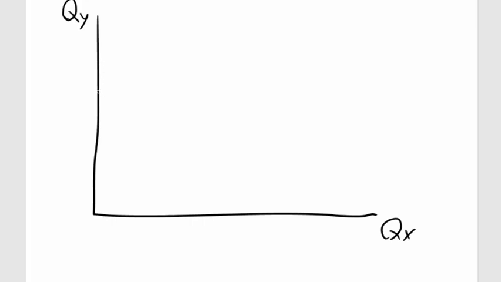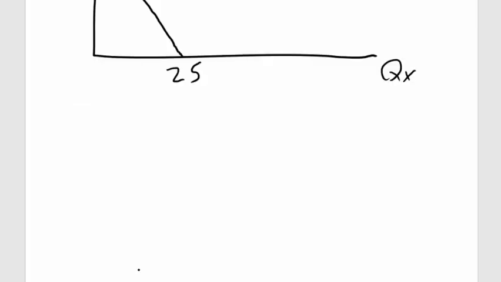And our budget function looks something like this, with our maximums for qy and qx being 36 and 25 respectively. And we want to figure out how the coupon affects our graph.